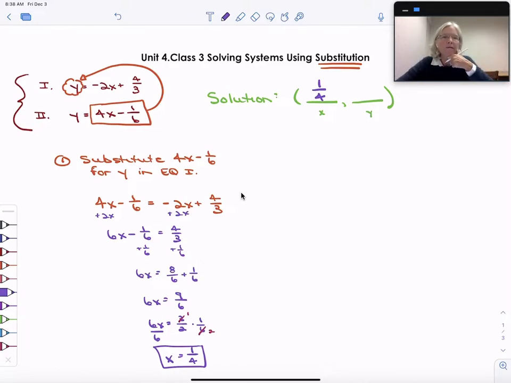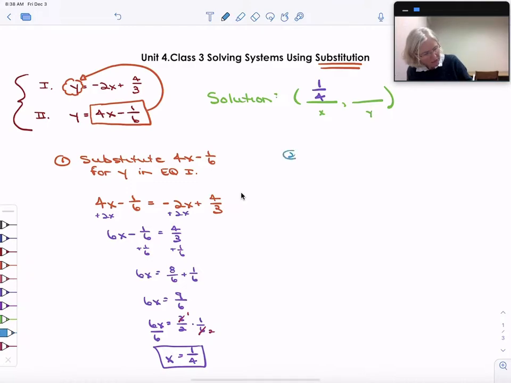Now, how do I find my y value? Oh, you know what? I can input my x value into either equation. Because it's the point of intersection, inputting 1/4 into either equation is going to output the same thing. So I think I'm just going to use the second equation, mathematician's choice. You might want to try for yourself the first equation and see if we get the same thing.